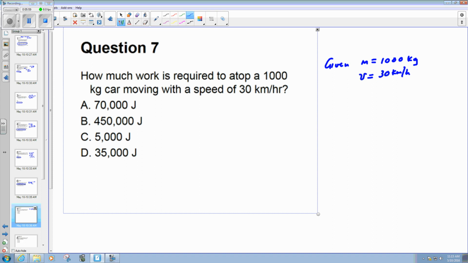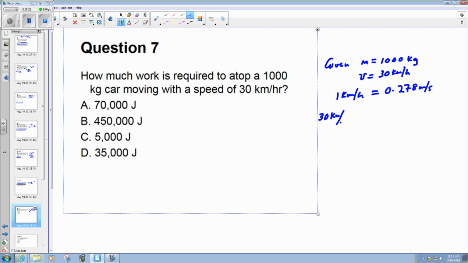So we need to change this from kilometers per hour to meters per second. If you look up in your book, the conversion factor says 1 kilometer per hour is equal to 0.278 meters per second. So the first thing we need to do is make a conversion, and here it is. It will be 30 kilometers per hour.